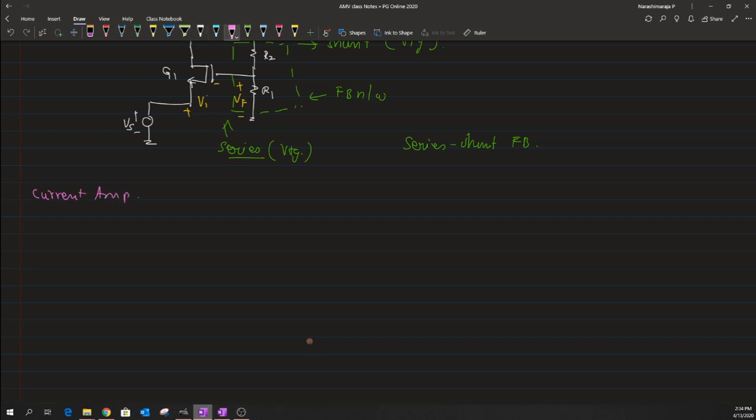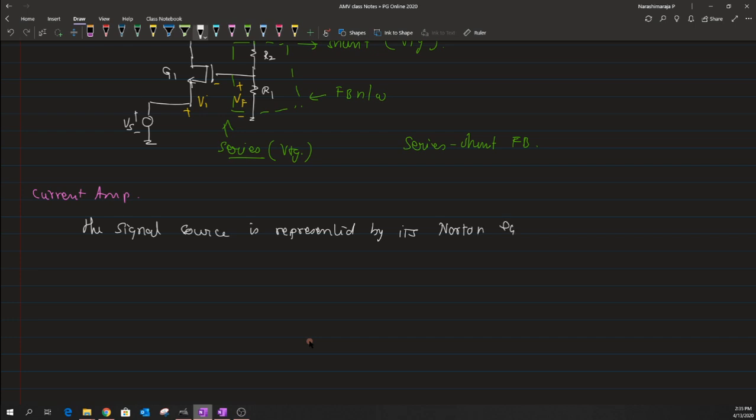Now in this case, since the input signal is a current, the signal source can be represented by its Norton equivalent circuit.